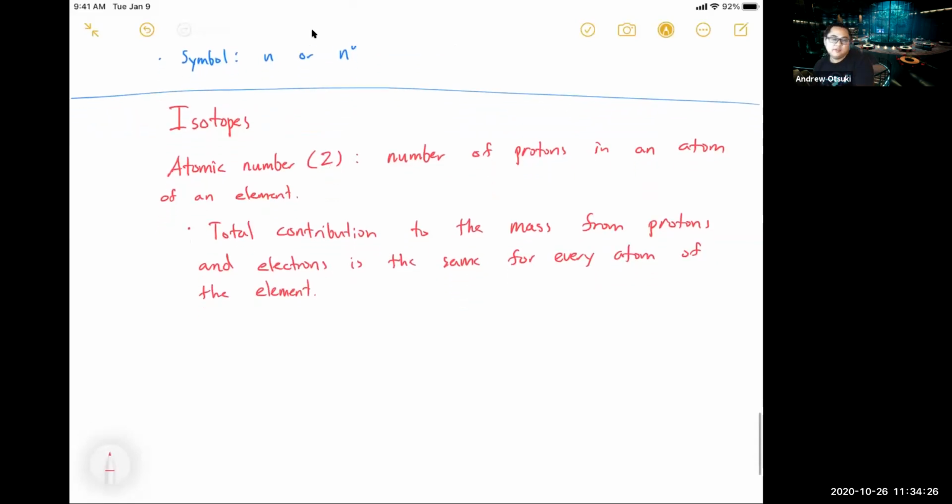Now, what about the neutrons? That's where isotopes are defined.